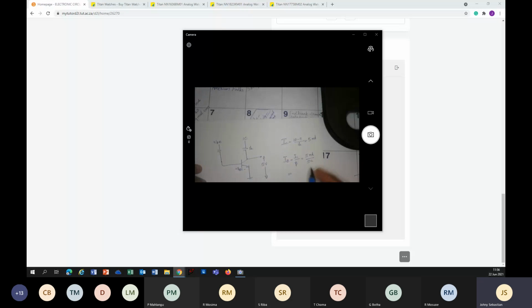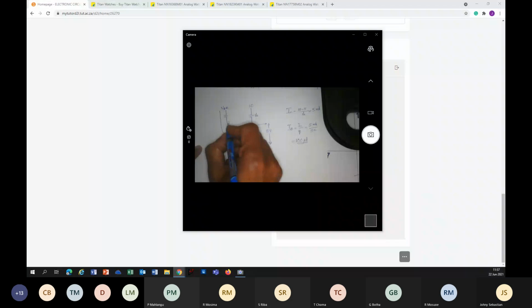The answer was 100 microampere. Next, we need to make a Kirchhoff's voltage law expression this way. We can write VBB. Remember, the current through this is called IB. In fact, we worked it out, 100 micro.